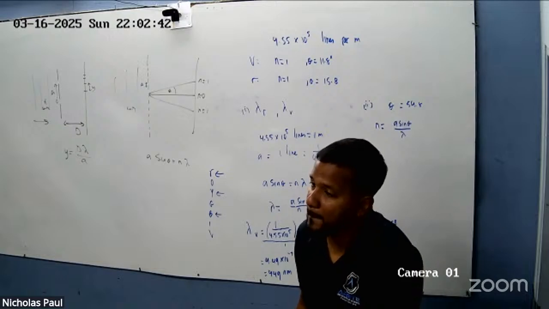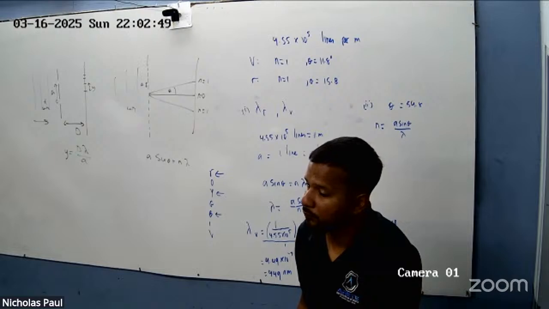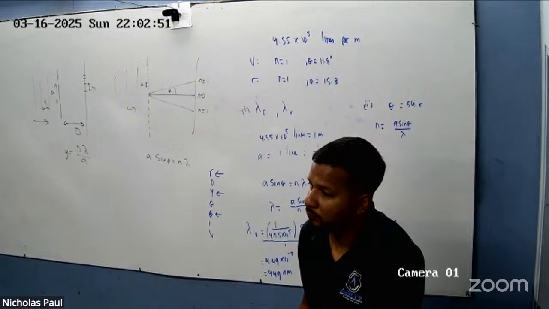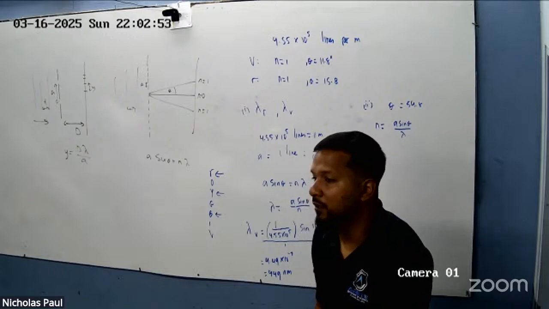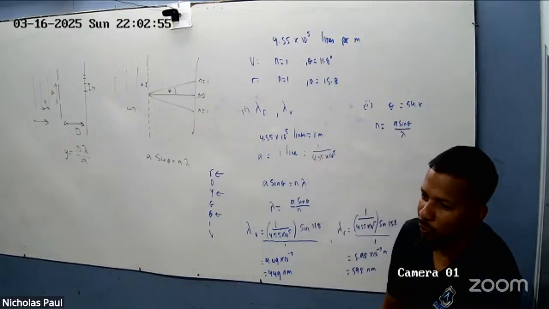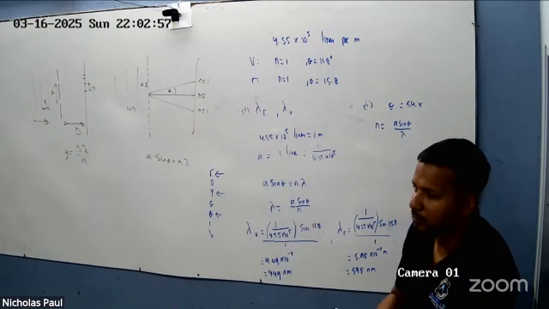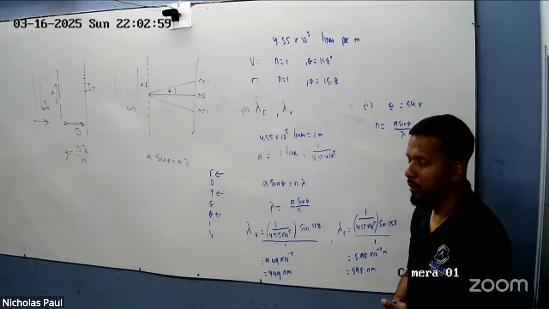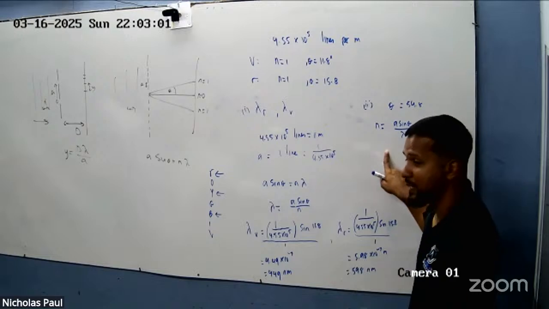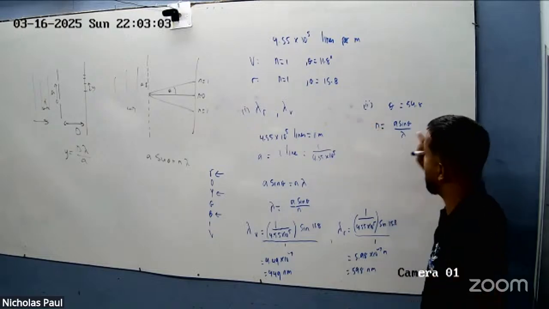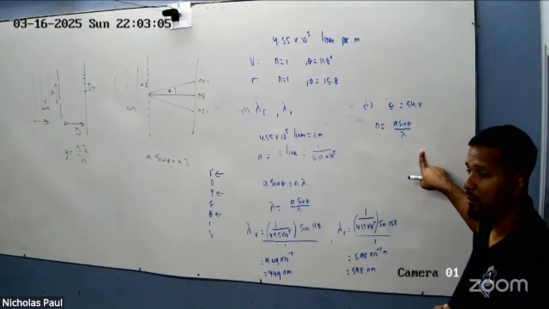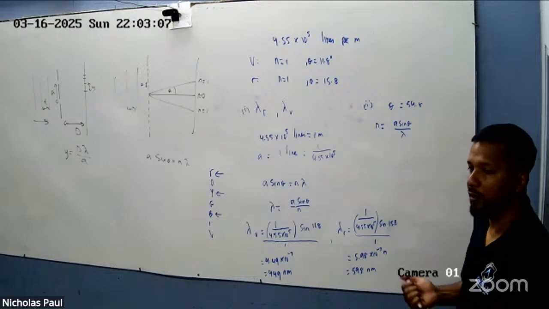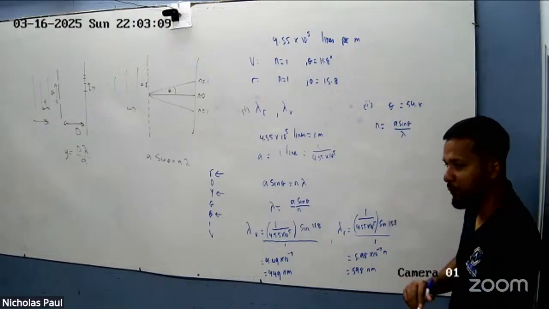Then if you get n equal to 3.9999, you round up. It still kind of rounds up, but I see what you're saying.